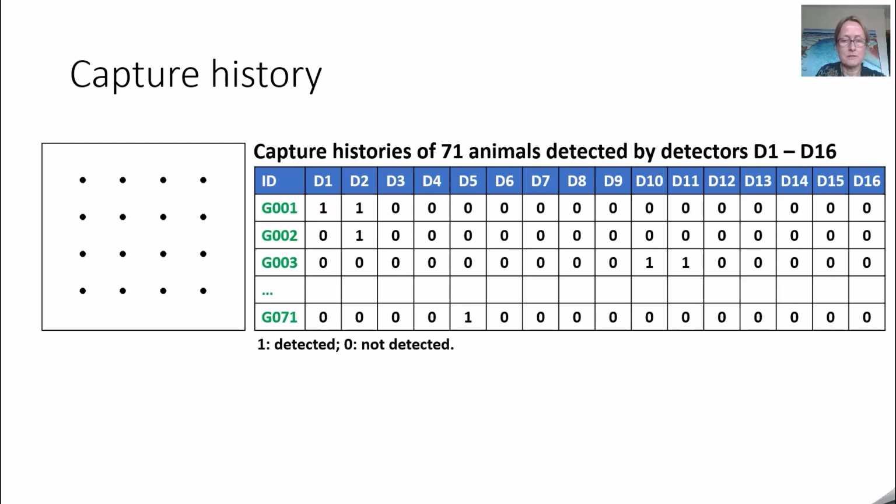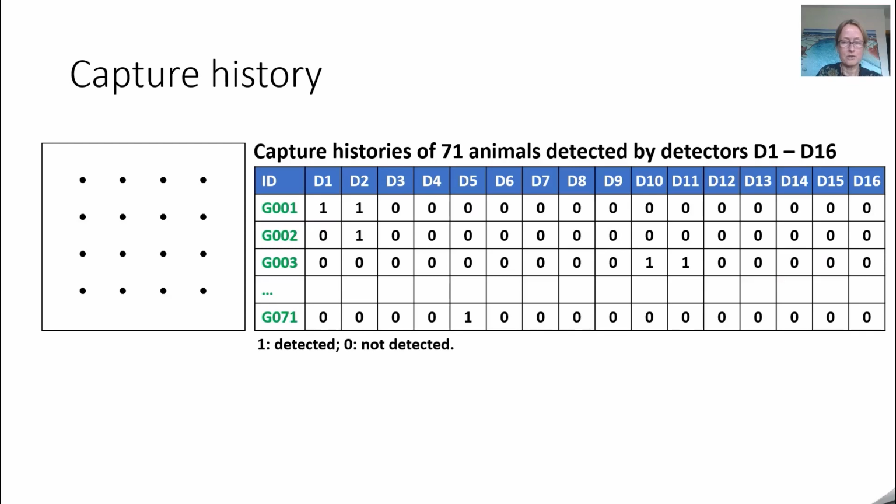At this point, you might ask yourself, what happened to this talk about distances to the animals and how detection probabilities declined with distance, and then we don't actually use the distances to these animals. In fact, we don't usually know the distances to the locations of the animals or groups when fitting SCR models.